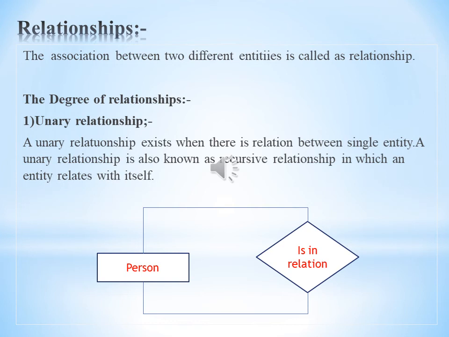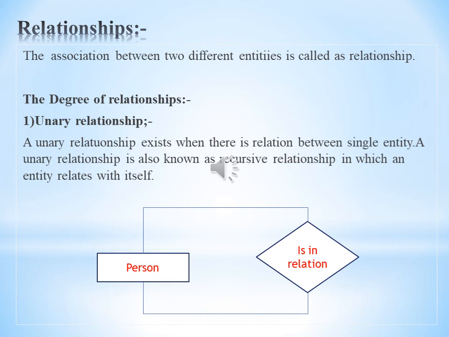Then the degree of a relationship. The degree of a relationship refers to the number of entities participating in the relationship. Based on the number of entities, we have unary relationship, binary relationship, ternary relationship, and quaternary relationship.